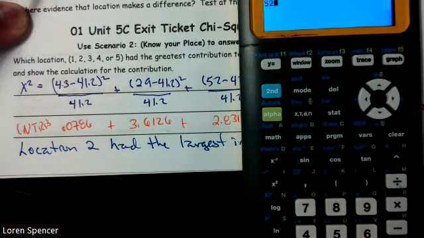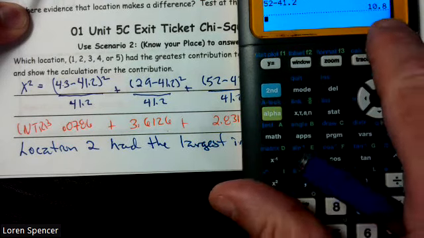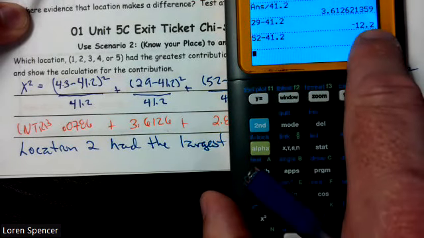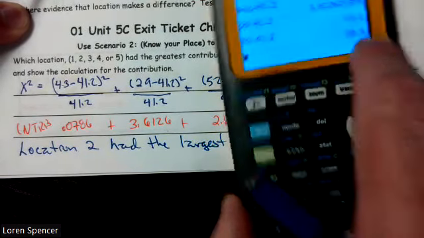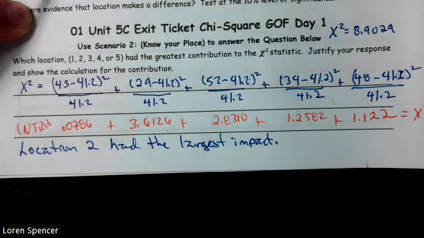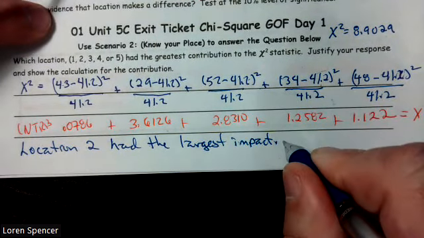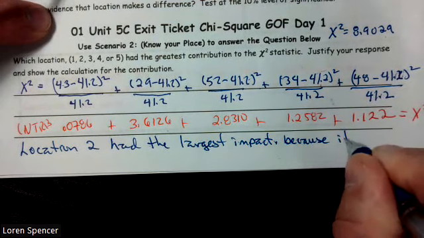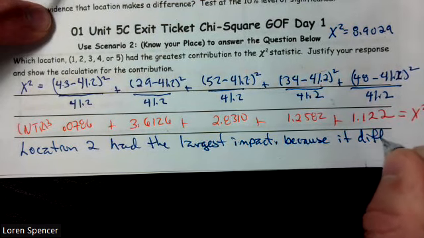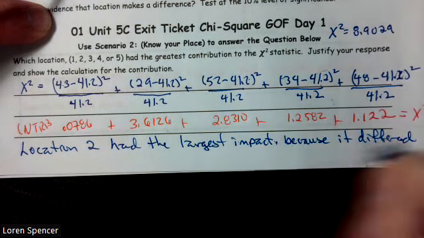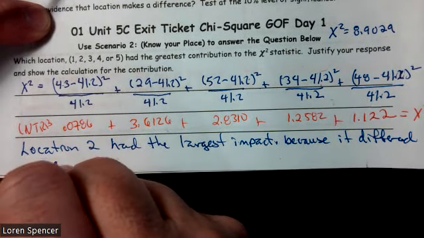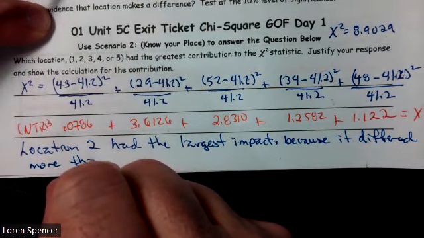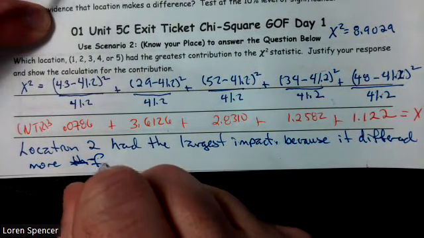The other one, 52 minus 41.2, differed by 10.8. So that one differed by 12.2, this by 10.8. Location 2 had the largest impact because it differed more from the expected.